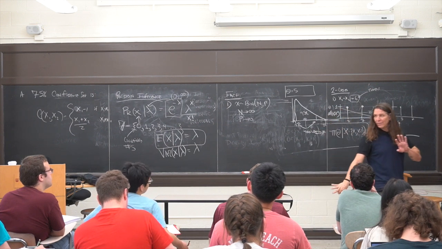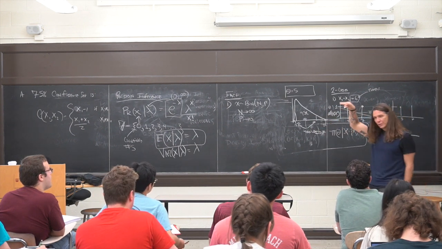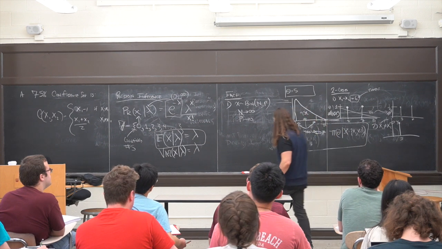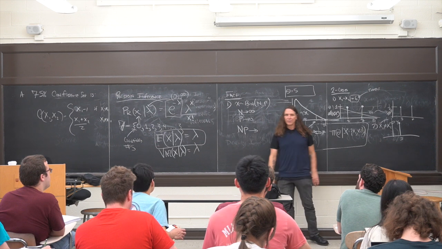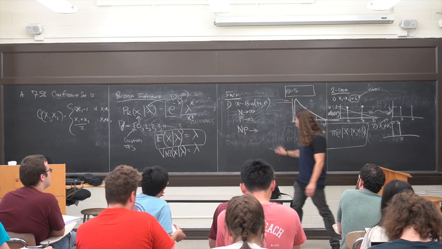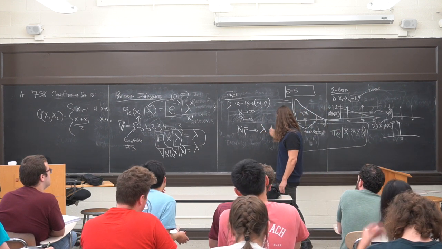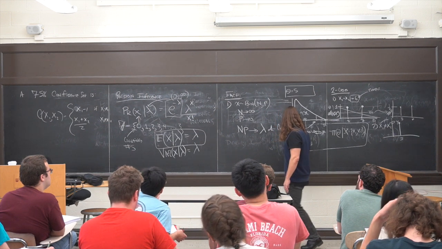There has to be something about that. N can't get big too fast compared to p. We also need np to converge to something, a constant, and we're going to call that constant lambda.